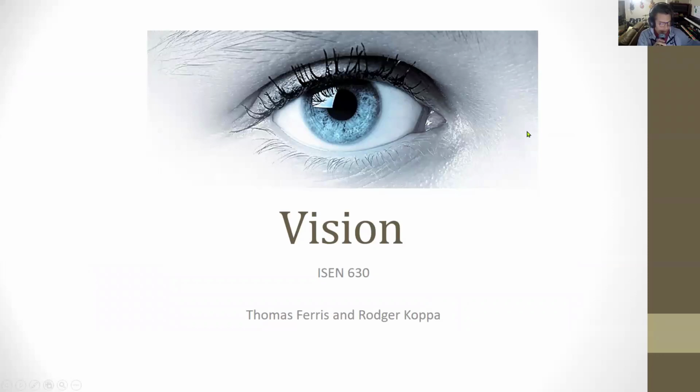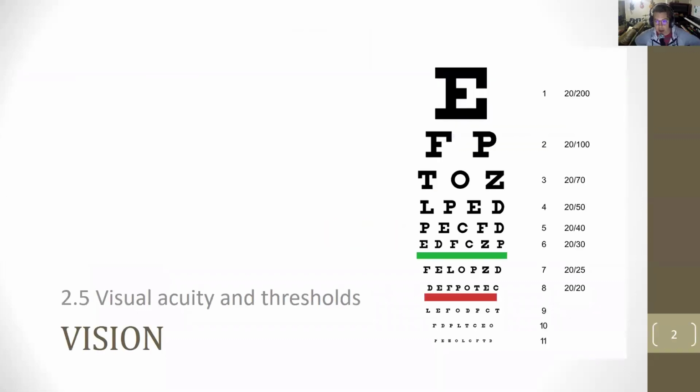All right, howdy everyone. We're continuing our lecture on topic 2, vision, and section 2.5 is about this concept of visual acuity. When we test your vision and you say I can see 20/20 or 20/30 or 20/50 or 20/200, that's a measure of your acuity, your ability to resolve detail at distance.